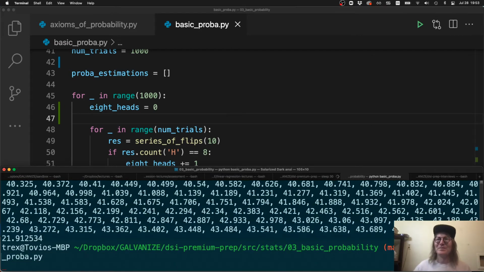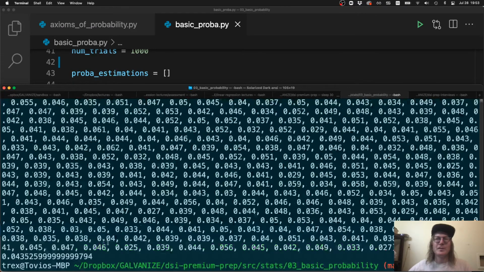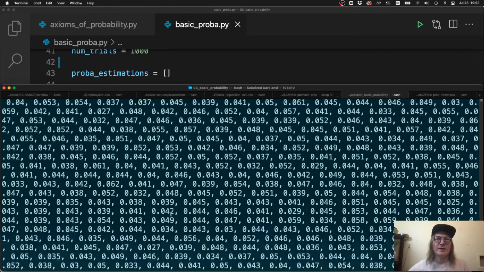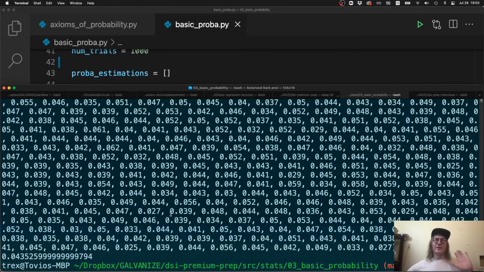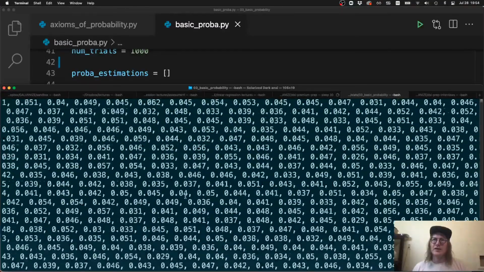Okay, let's try that again. All right, so what we should see here, if you're familiar with a normal distribution, our assumption is that values are going to be normally distributed likely around this estimation, this point 0.0435. So we should have some kind of bell curve around that, greater than and less than to some extent.